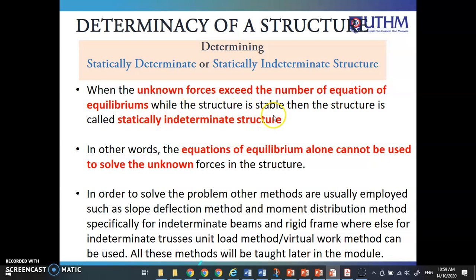So this structure is stable, but then the structure is called as a statically indeterminate structure. Okay, in other words, the equation of equilibrium cannot solve the unknown forces by itself.